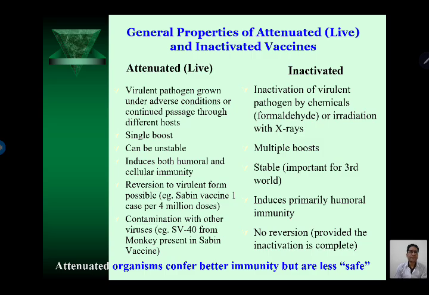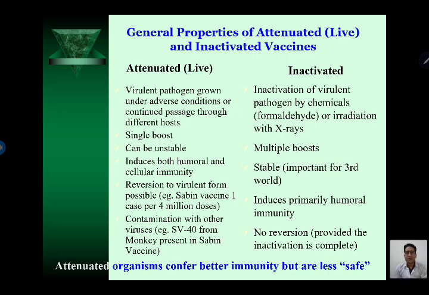On the other hand, inactivated vaccines involve the inactivation of the virulent pathogens by chemicals, formaldehyde, or irradiation with X-rays. Multiple boosts, stable, important for the third world, induce primarily humoral immunity, no reversion, as the inactivation is complete.